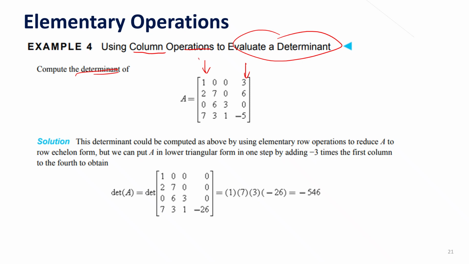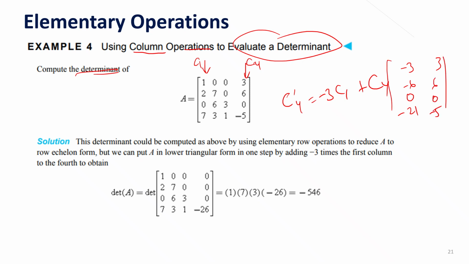But if you take a look at column 2 and column 4, the new column 4 will equal minus 3 column 1 plus column 4. That means you will have minus 3, minus 6, 0, minus 21, plus 3, 6, 0, minus 5, plus 0, 0, 0, minus 26, so you will have this value.